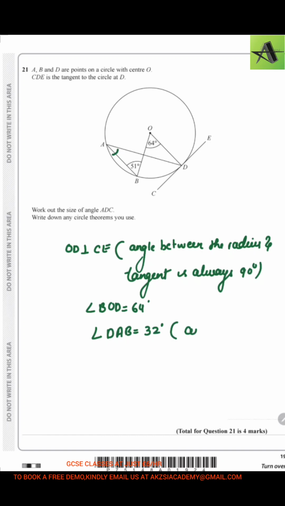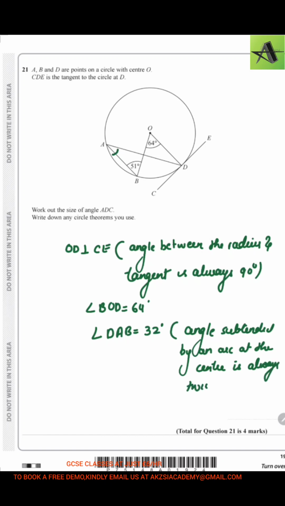So the angle subtended by an arc at the center is always twice the angle at the circumference.